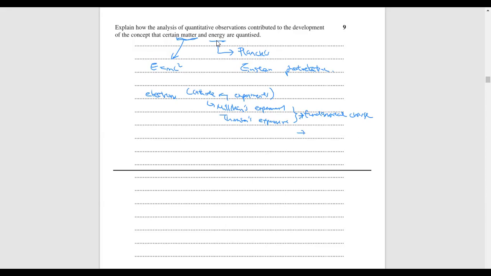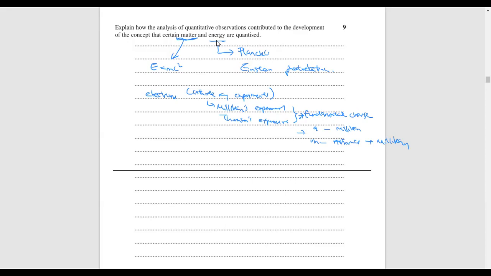And in addition to that, we've also determined the charge of that particle from Millikan. And because we've got the charge to mass ratio, we also have the mass of that particle due to Thomson and Millikan. So that's kind of the suggestion there.